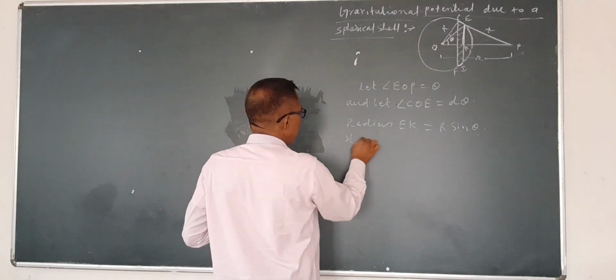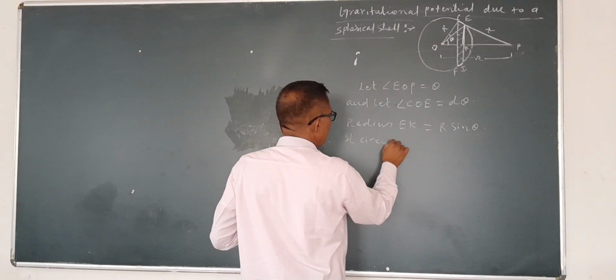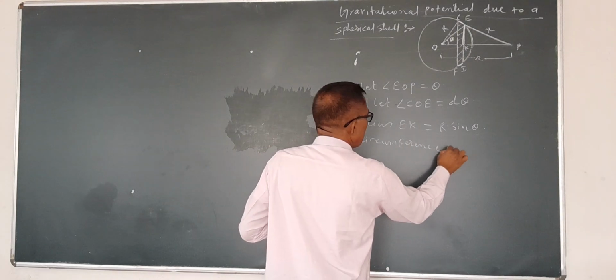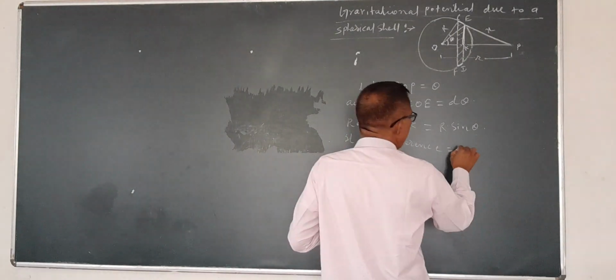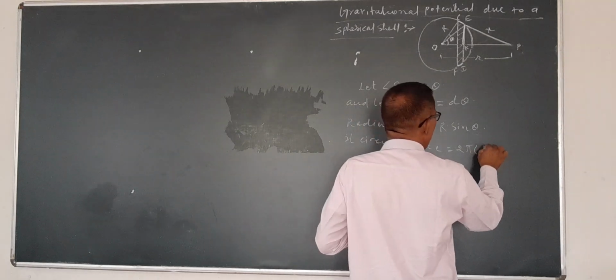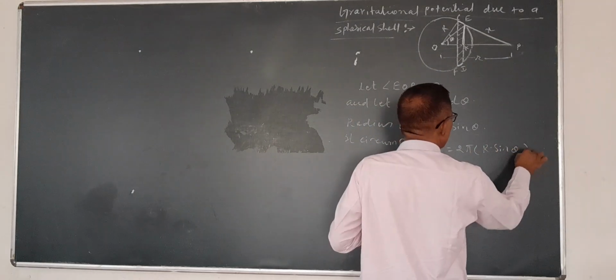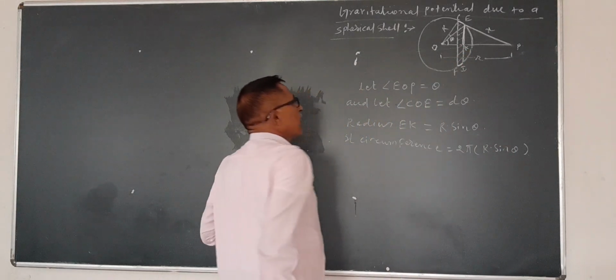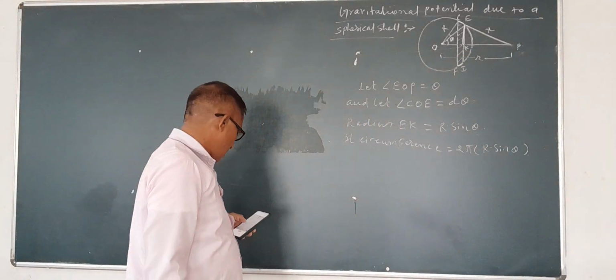Its circumference is 2 pi into r sin theta. This is the circumference of this slice CEF.